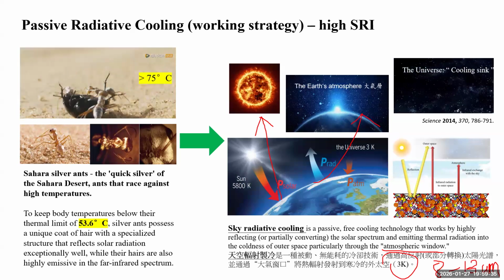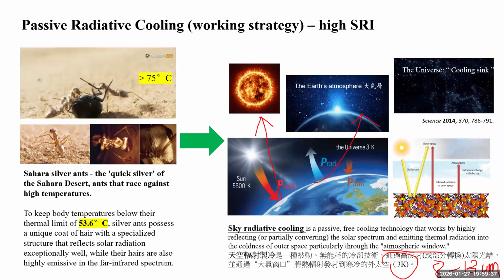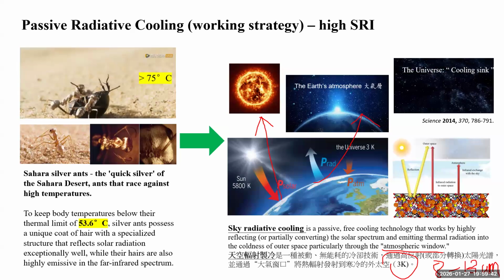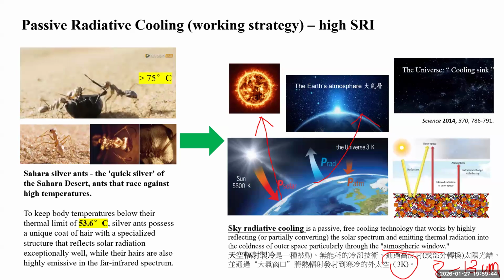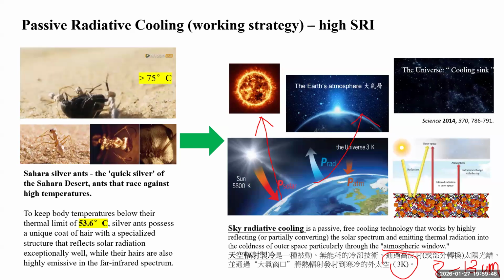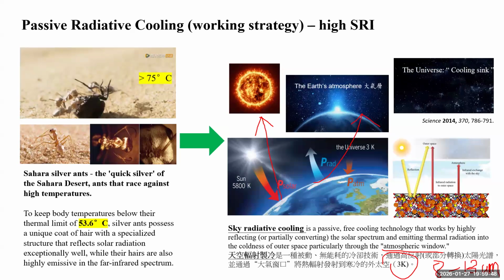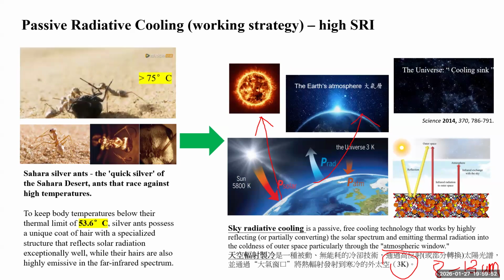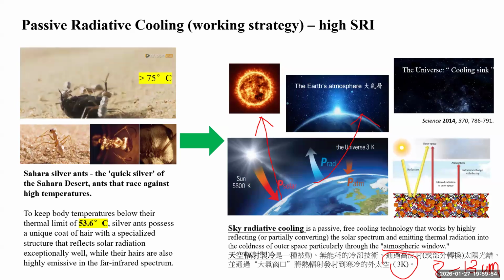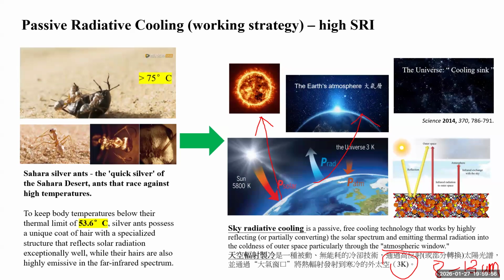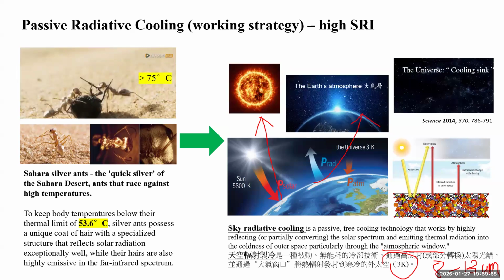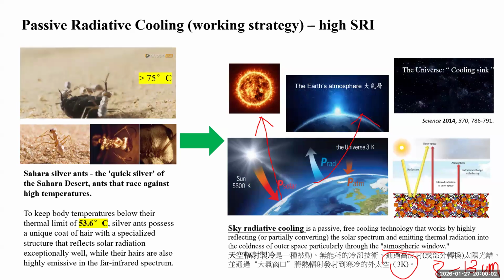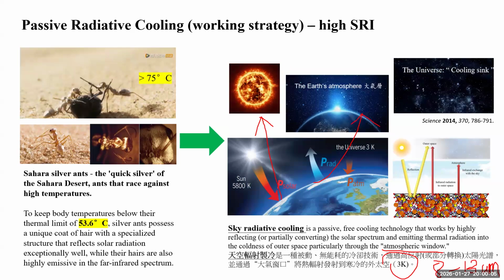If your surface has high thermal emissivity in the atmospheric window, and last time we also calculated that the thermal radiation peak intensity is around 10 micrometers, then you can radiate the heat of the building into space to achieve self-cooling.